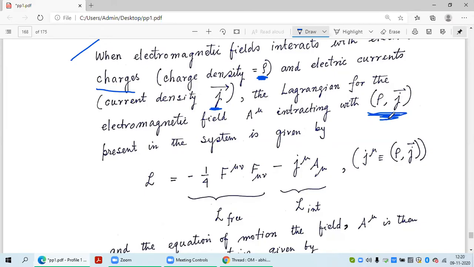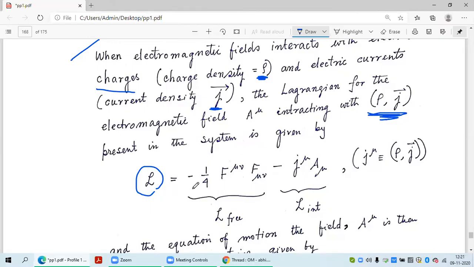Therefore, now the Lagrangian of the whole system, the whole system meaning the electromagnetic field as well as the charges and currents which are external to the field. So in this Lagrangian of the whole system, what is there? You have this free field, okay? A mu was a free field.